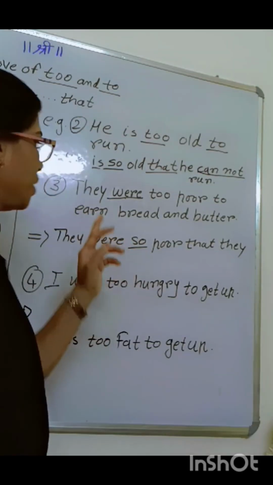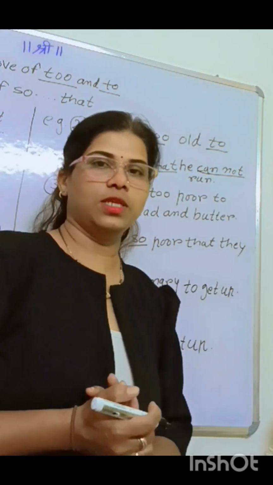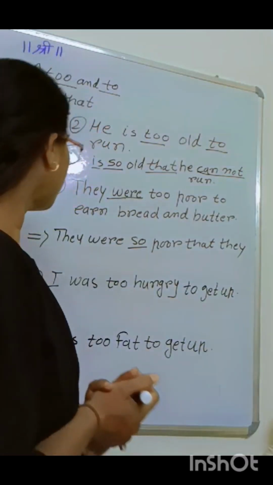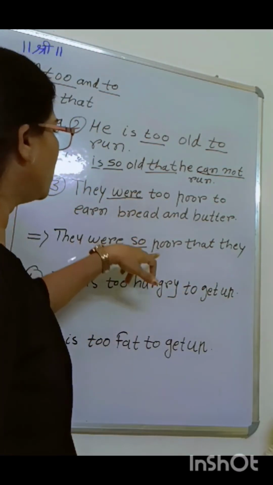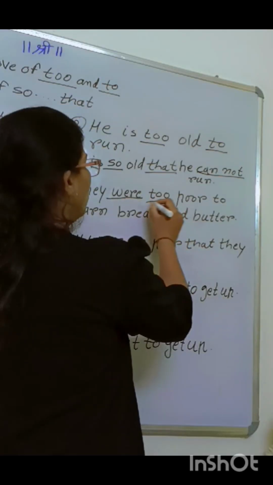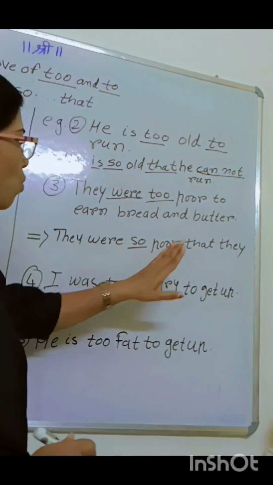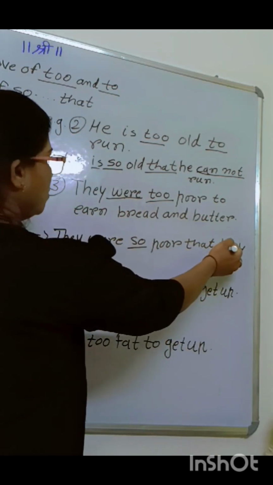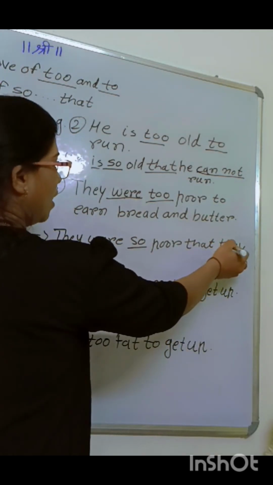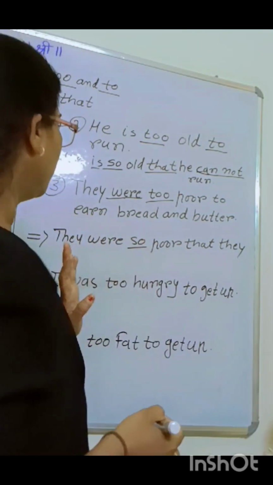Next sentence, see. They were too poor to earn bread and butter. Now we'll change it with "so that". They were so poor that, we have changed this "too" and we have written "so". They were so poor that they, after we have taken "that", after that we have taken the subject, they.